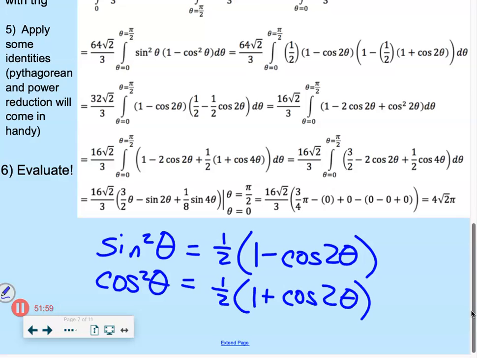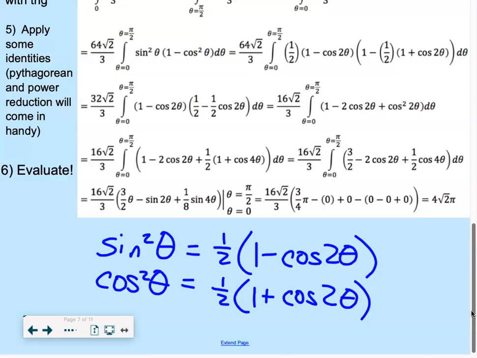These are your power reduction identities, and they turn squareds into single powers. That was a thing. We did not skip it. I guarantee you did it last year. Oh, okay, I remember this. I remember like the 1/2 and like the 2 theta. That's power reduction. Yeah. Because you're taking a higher power and reducing it to a lower power.